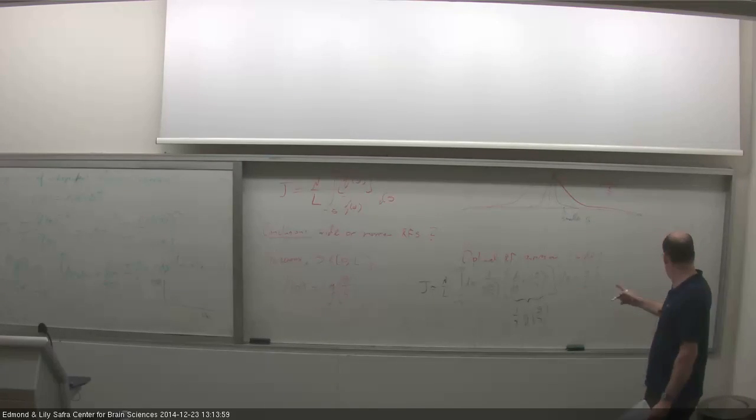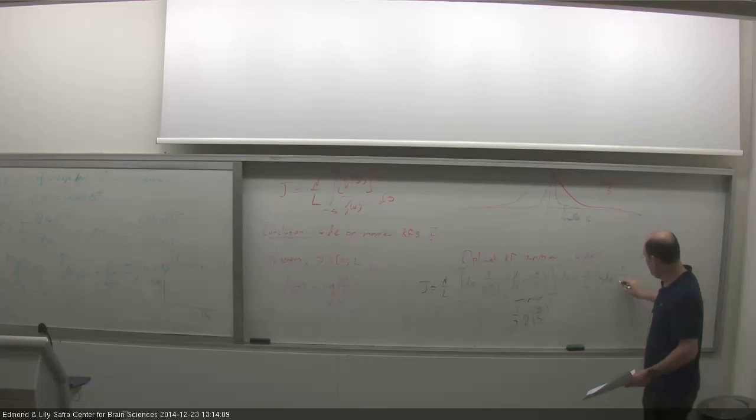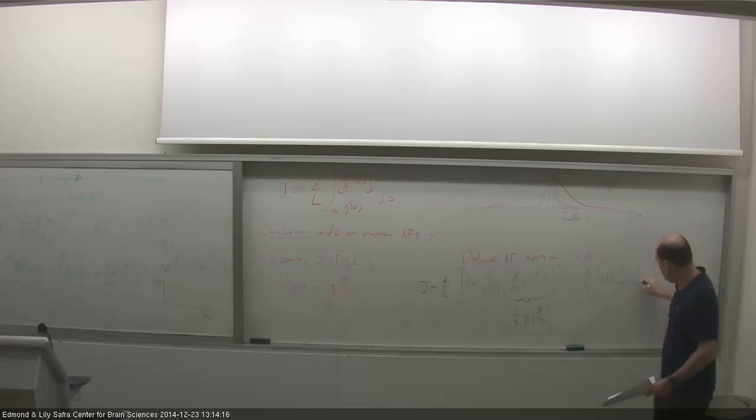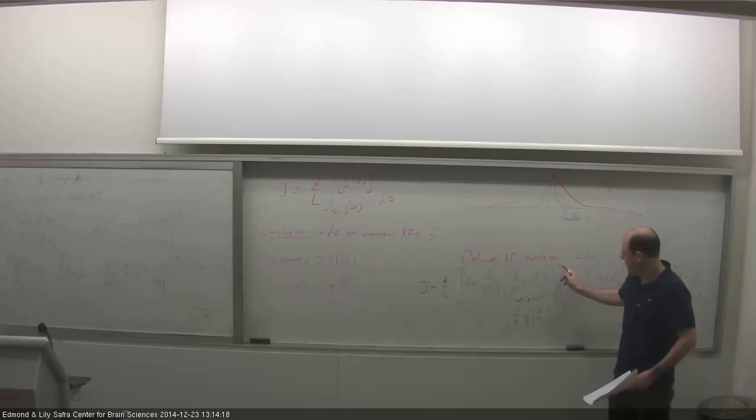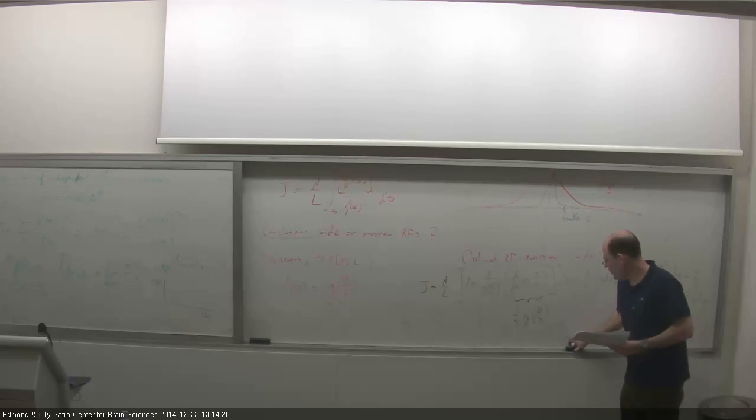So d theta I write as s dx. Now I have here 1 over g of x. Here I have 1 over s squared, right? This is s squared, g prime of x squared. And so, is it okay that I'm writing here?